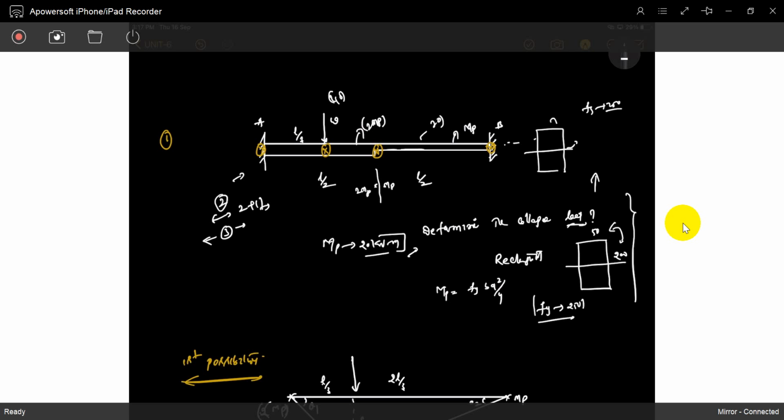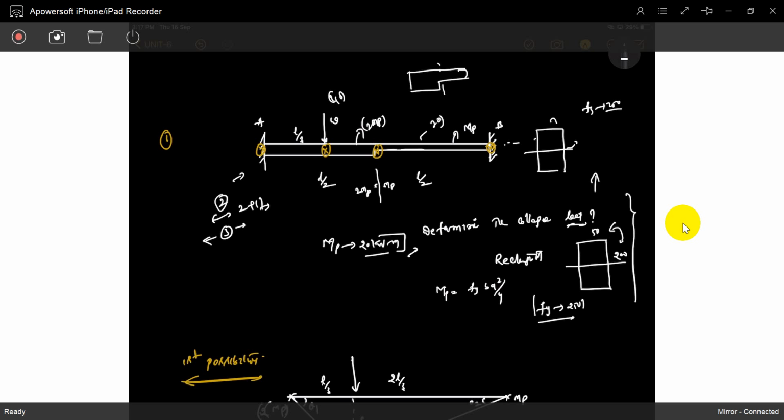If the load is applied, the breakage happens at this location, just on the right side, because the right side has a small cross section. Understood? So the hinge is formed at the weaker section, not in the higher section.